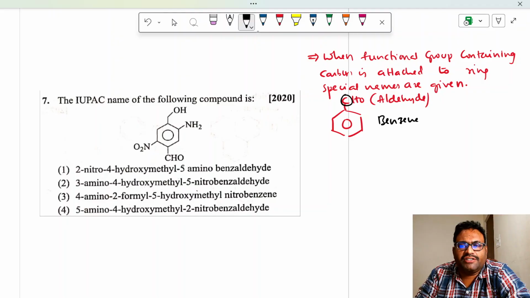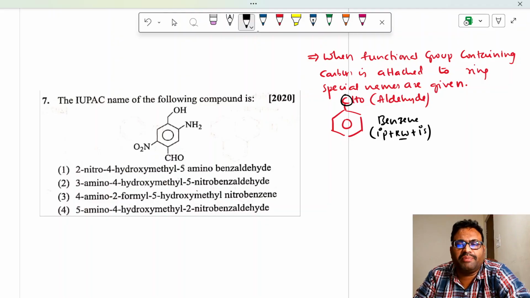Now this carbon is not coming into this root word. Benzene represents primary prefix plus root word plus primary suffix. Under this root word, this carbon of the functional group is not coming. So I cannot use all of that. So the special name is used.